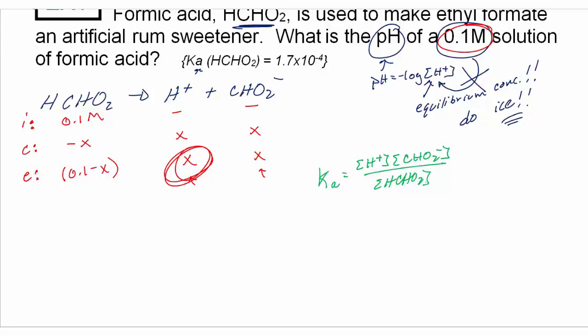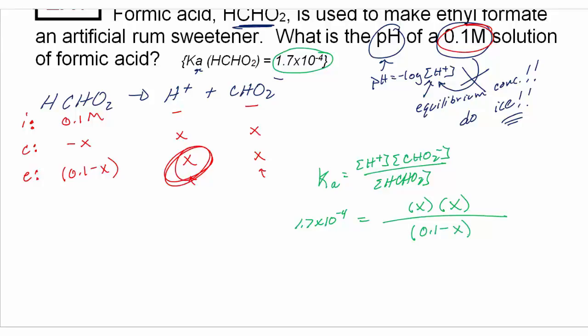So let's substitute those numbers in. Our Ka from the table is 1.7 times 10 to the negative 4. Our hydrogen ion concentration is X. Our formate is X. And our formic acid is 0.1 minus X.